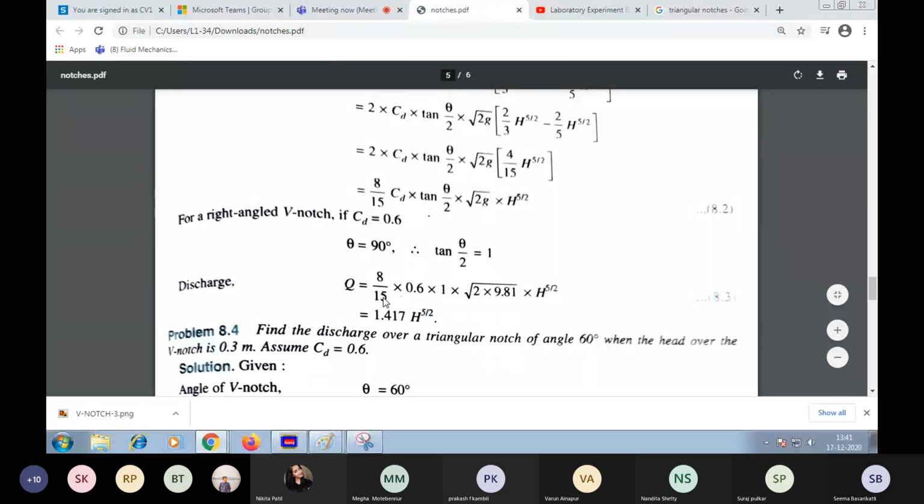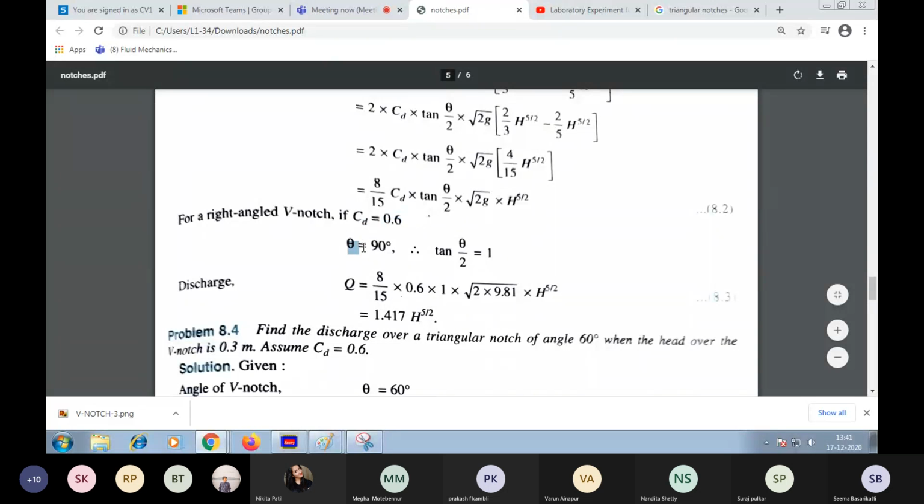So the 8 by 15 CD into tan 45 degree into square root of 2g, that is 2 into 9.81. When you multiply these terms, you get the value as 1.417 into h raised to 5 divided by 2. But this condition is satisfied only if the angle of the notch is 90 degree and the value of CD is 0.6.